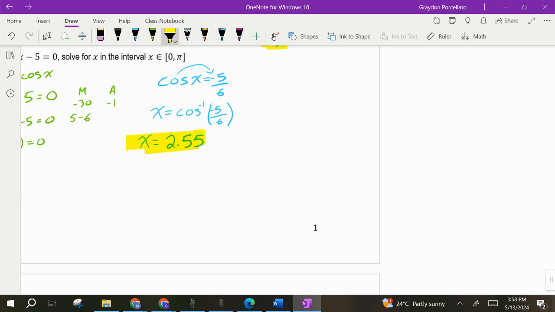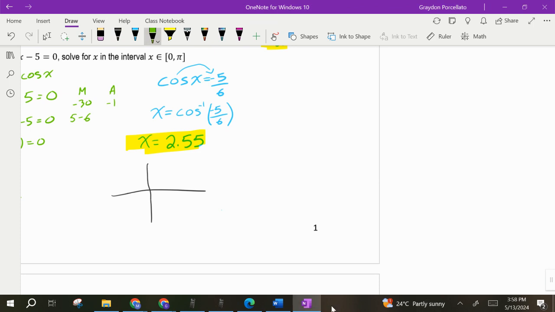I always like to highlight my solutions. Okay. Can I find more solutions? So remember, if I want to find more solutions, I add my period. In this case, I'm not going to add my period because where is cos negative?